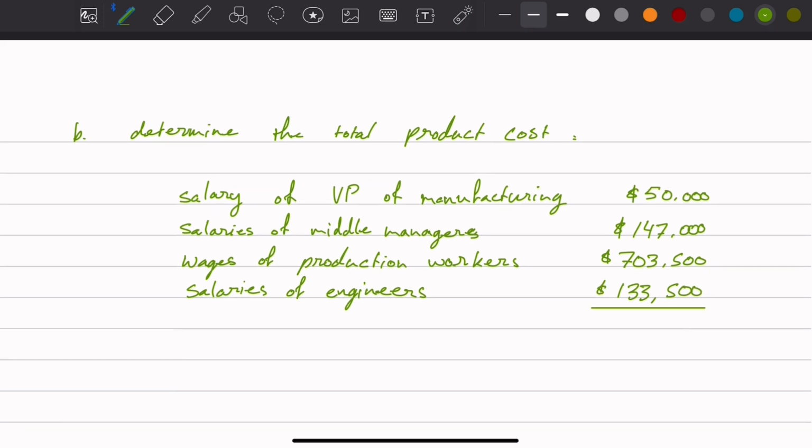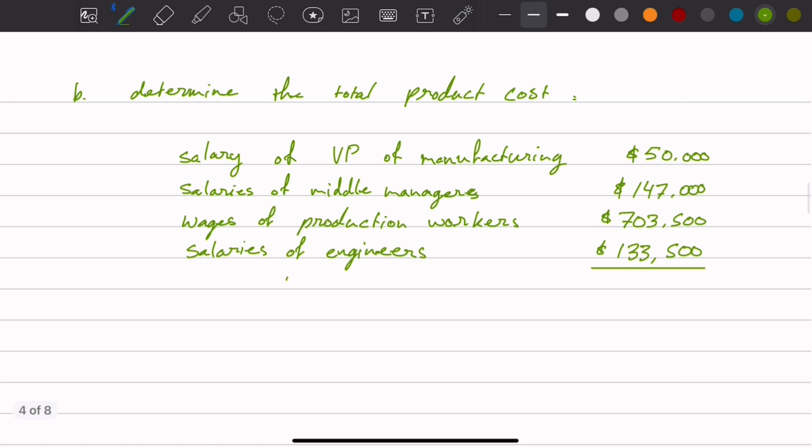Okay. Now adding all of these together should give me total product costs. Go to the calculator, 50,000 plus 147,000 plus 703,500 plus 133,500, and that's 1 million.